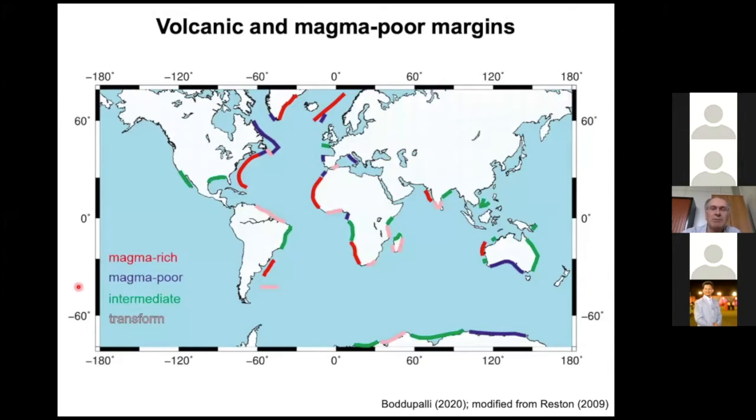So you can classify margins around the world, some volcanic or magma-rich, some magma-poor, and some intermediate. And there are also some transform margins marked on here, which look different again.